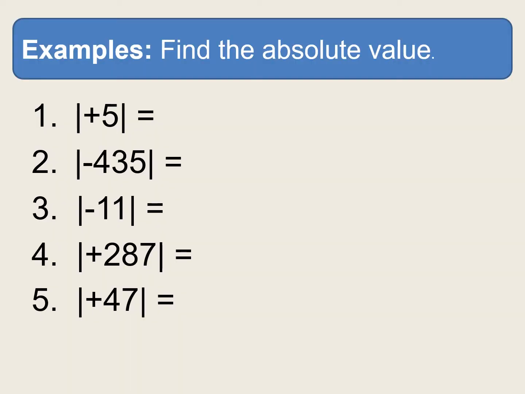So let's have an example. Find the absolute value. Number 1, positive 5. So what is the absolute value of positive 5? The answer is 5. Number 2, what is the absolute value of negative 435? The answer is 435.